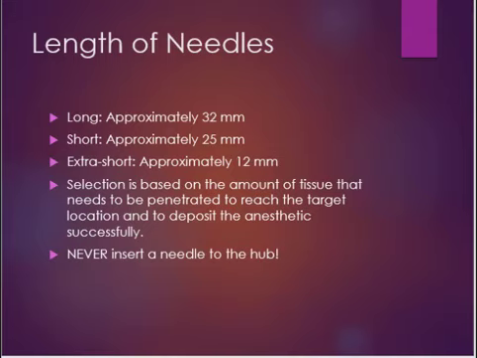The long needles are going to be used when significant needle penetration of thick tissue is needed, such as for the inferior alveolar nerve block or the IA. Short needles are preferred for injections that require a lot less tissue penetration. The extra short needles are only going to be available in 30 gauge.